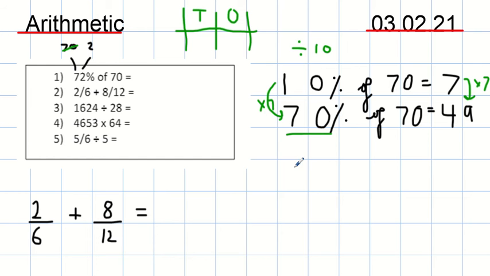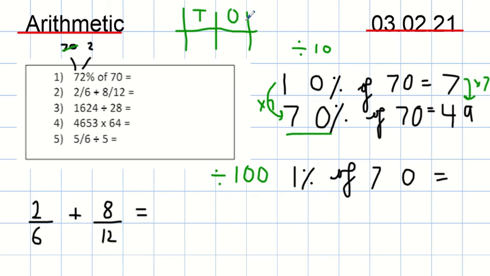Well, I know how to find 1%. Can anybody remember how we find 1%? Well done, everybody. To find 1%, we have to divide by 100. So we need to divide 70 by 100. Again, if you're not sure how to do that, which method could you use to help you?